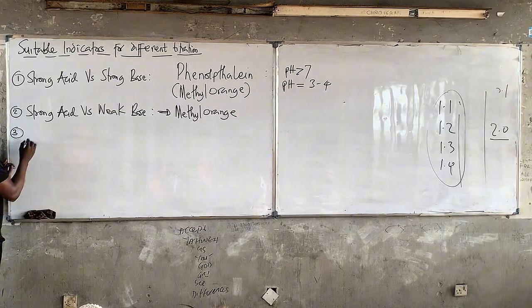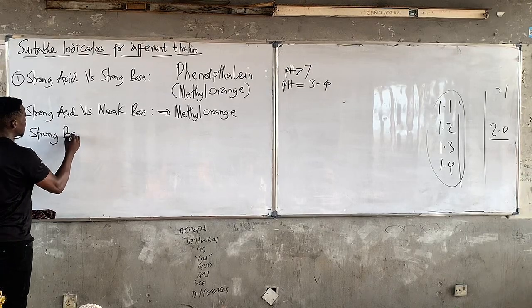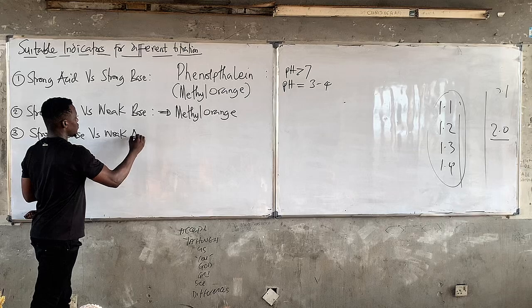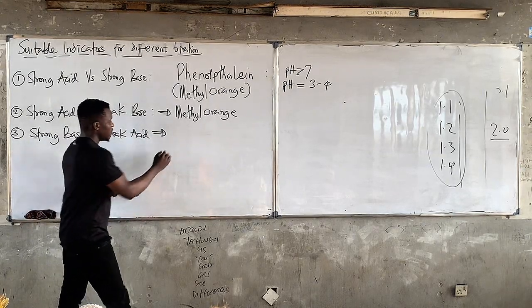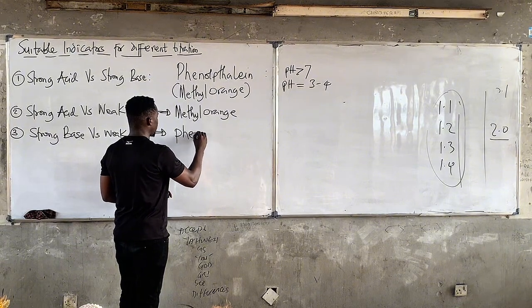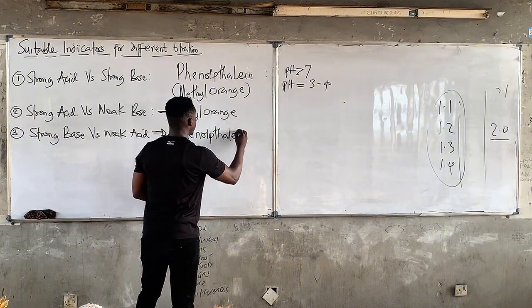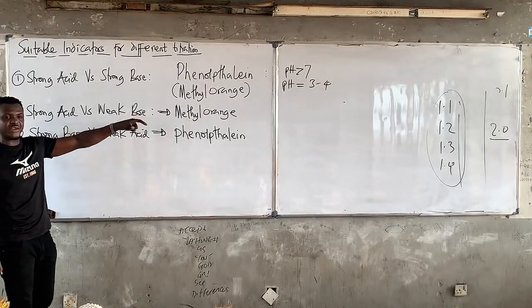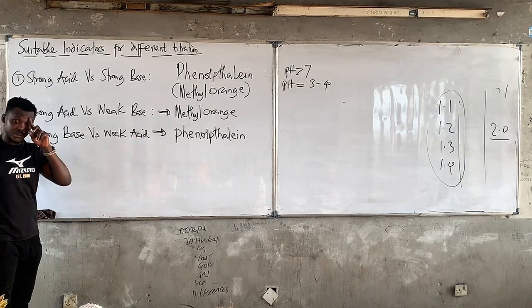The third one is strong base versus weak acid. The suitable indicator here is phenolphthalein. Take note of that. Strong acid versus weak base, methyl orange is the suitable indicator. Strong base versus weak acid, phenolphthalein is the suitable indicator.